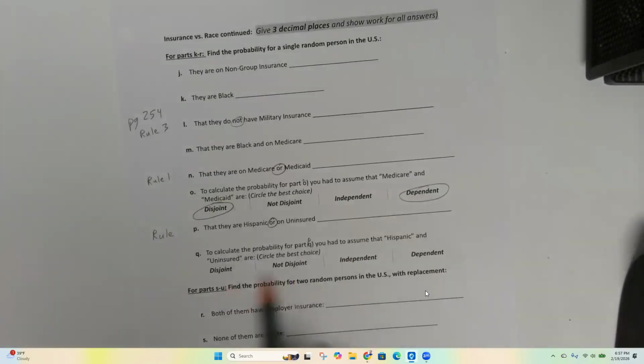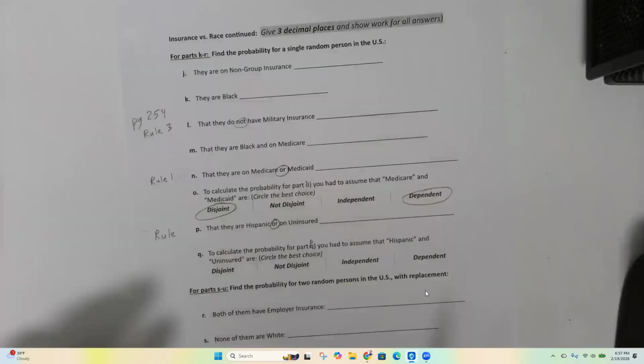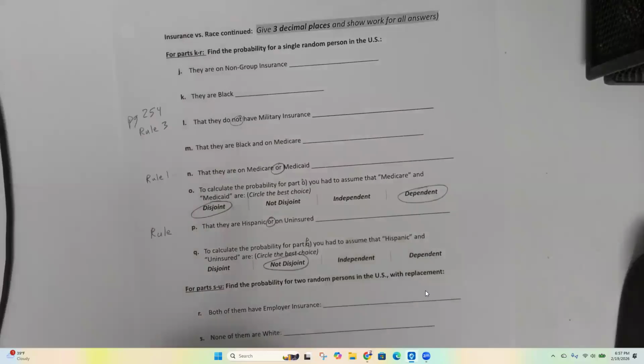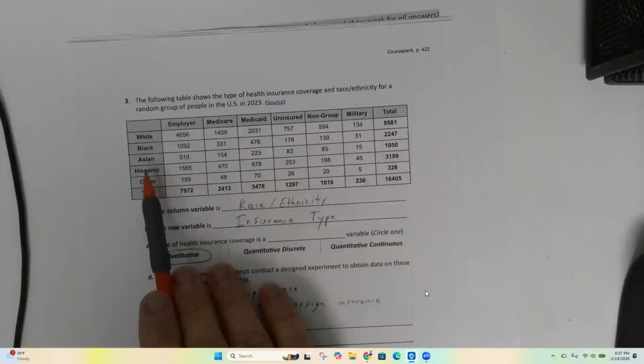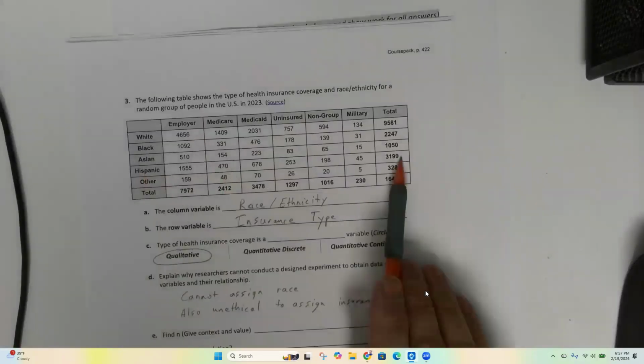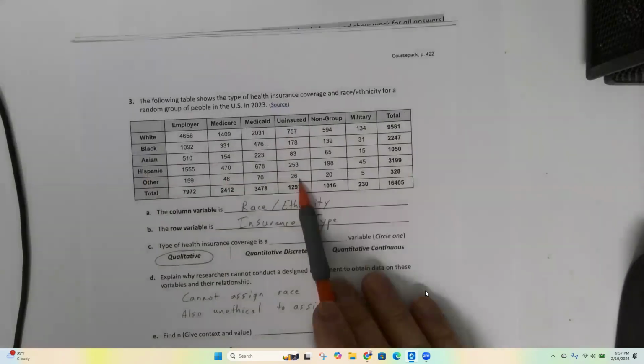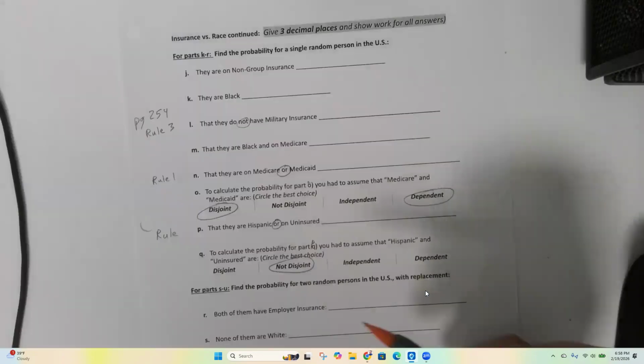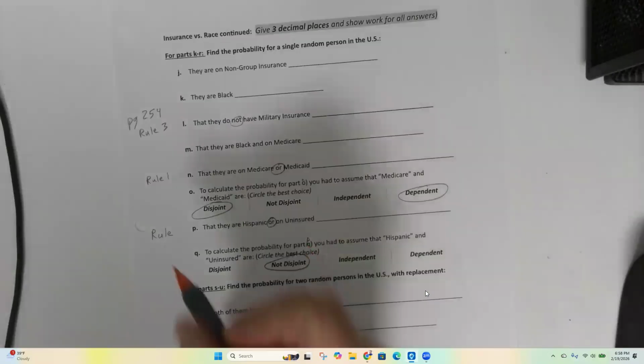What do you guys think for that one? Not disjoint, right? Here's the Hispanic row, and here's the uninsured column, and those cross right here. There are 253 people in our survey that are Hispanic and also uninsured. Those can happen at the same time, so that'll be rule number two.